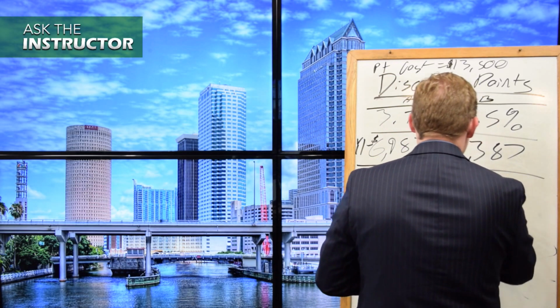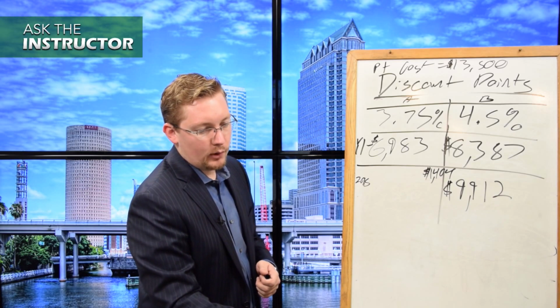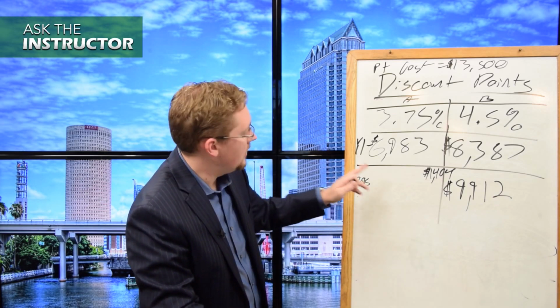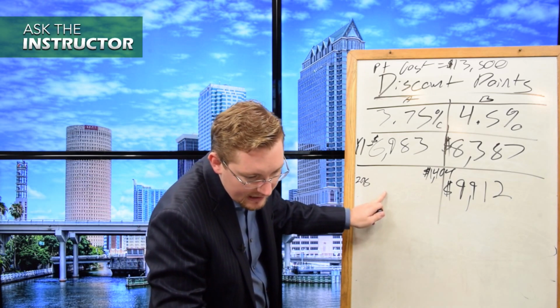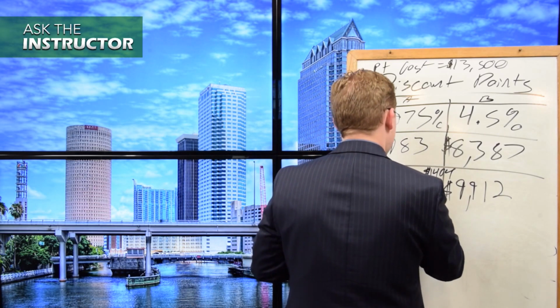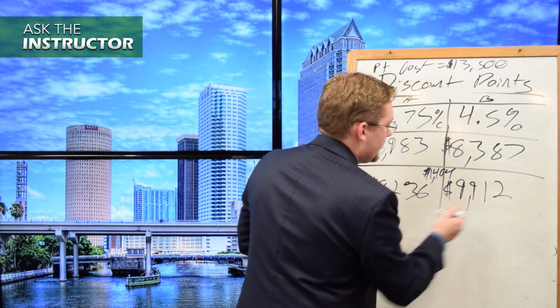So $9,912 for loan option B with 4.5% interest, and over on loan option A, we're looking at $8,236. So we've got $8,236 or $9,912.